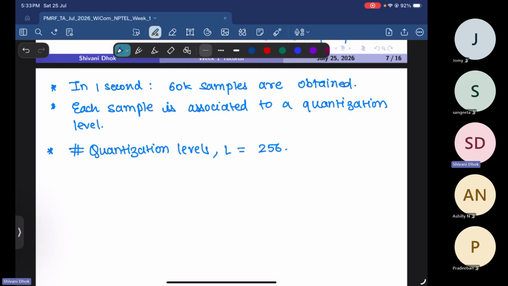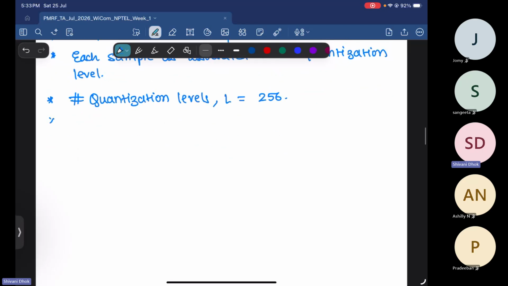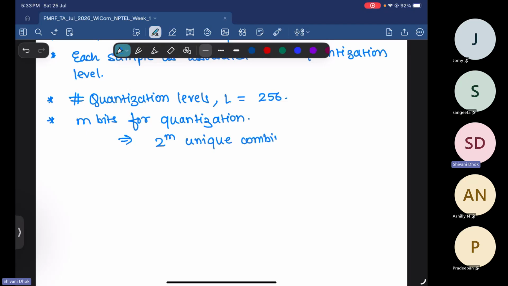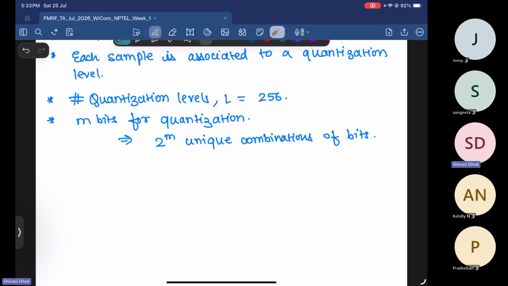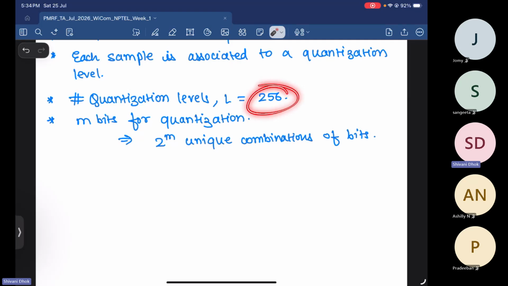Let's say we use m bits for quantization. Then this will lead to 2 to the power m unique combinations. These quantization levels are also unique, these 256. So if I'm using m bits, then 2 to the power m should be at least equal to 256.